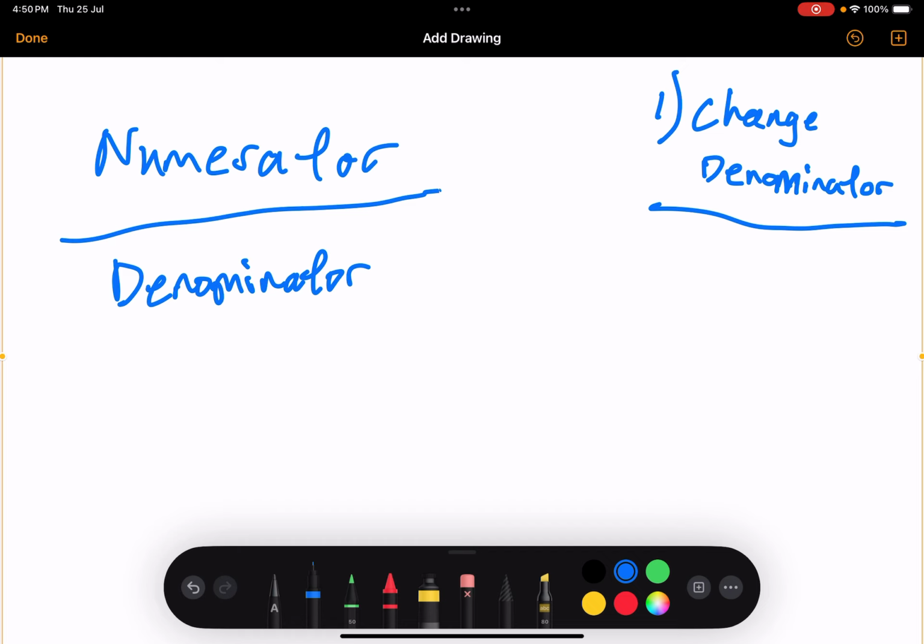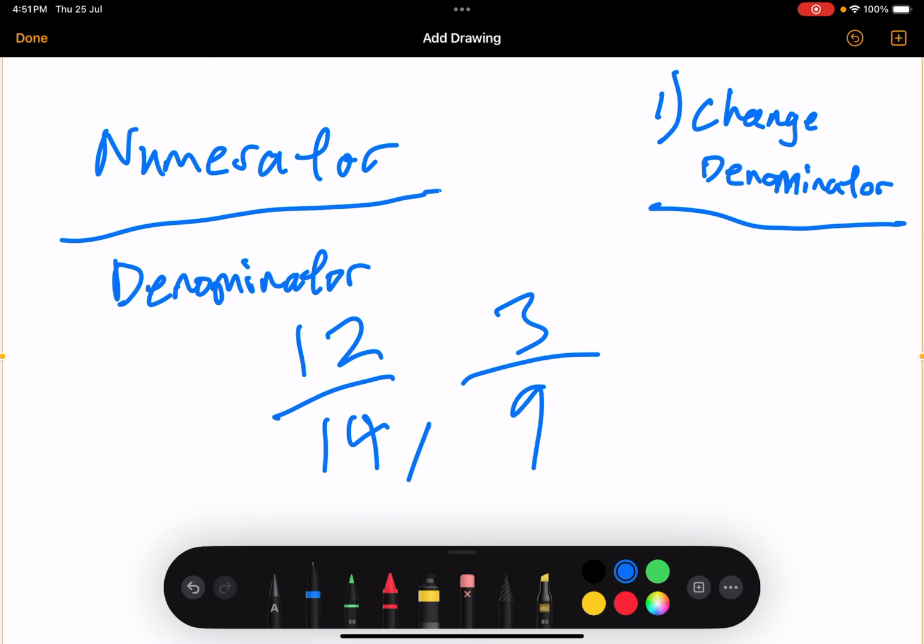And if we say like a bigger number, maybe like 3 or more numbers, for example 12 over 14, then we got 3 over 9, and we got 4 over 5. Okay, so how do we compare?